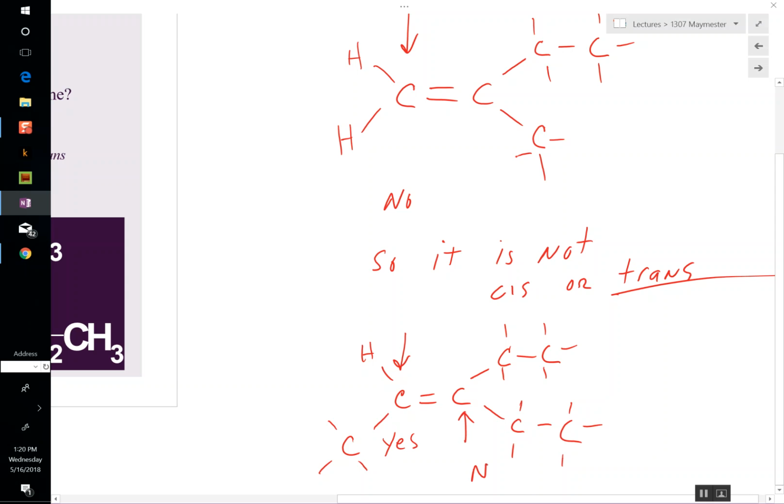No. That CH2CH3 group, CH2CH3, CH2CH3, they're the same. So it's not cis or trans. All right? You're not going to need to use cis or trans in the name if you ever have either one of these carbons that have identical things on them.